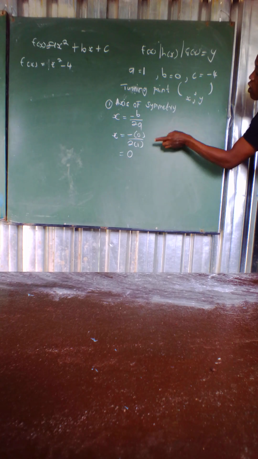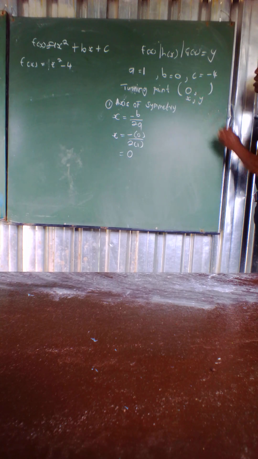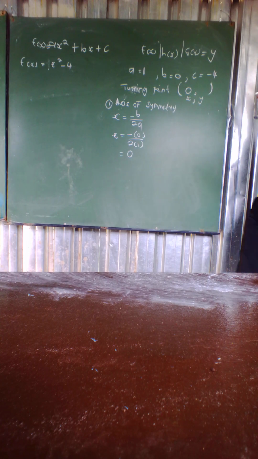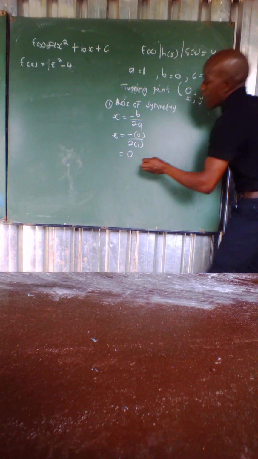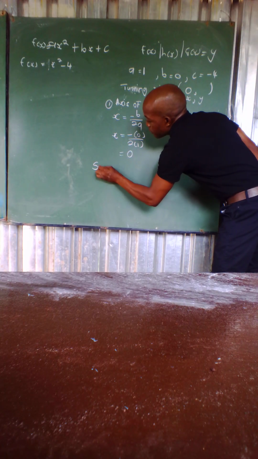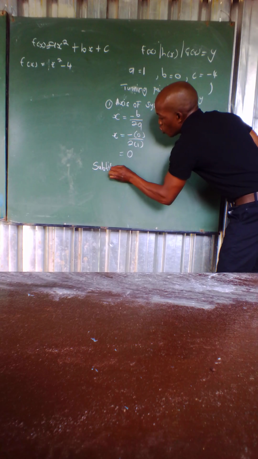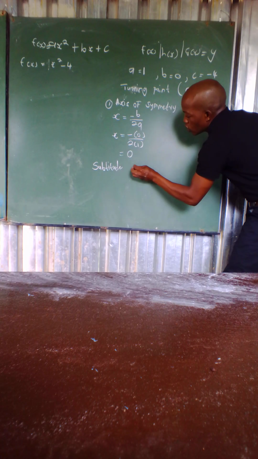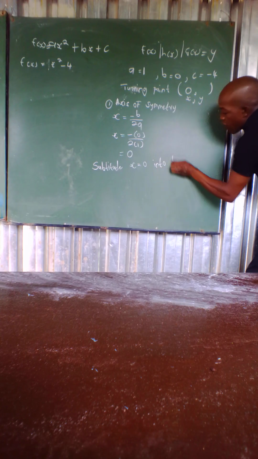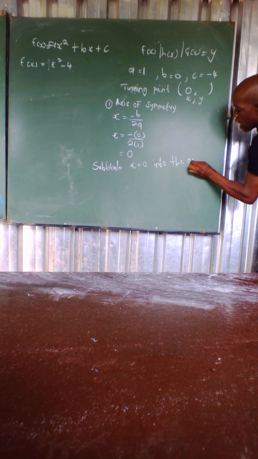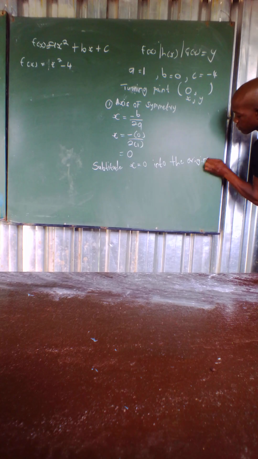Now, you write your value of x in brackets as 0. How are you going to get the value of y? You are going to get the value of y by substituting x equals 0 into the original formula.